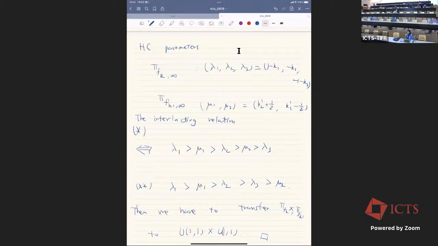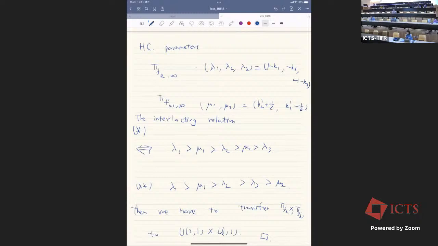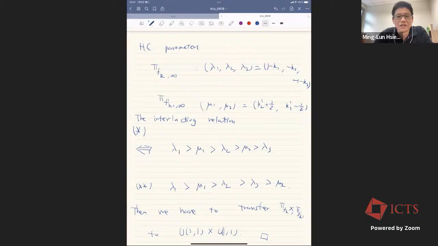We also have one question in the chat: whether the local zeta integrals are non-zero. Yes, we have to choose good test vectors, and we can always choose a test vector such that the local zeta integrals are non-zero, but it may not be the optimal one, because we may lose local factors at these places.